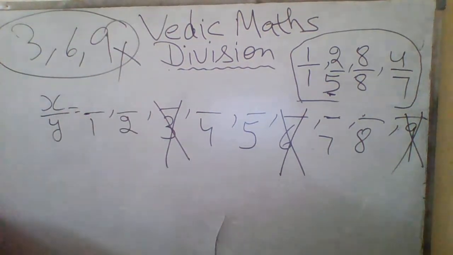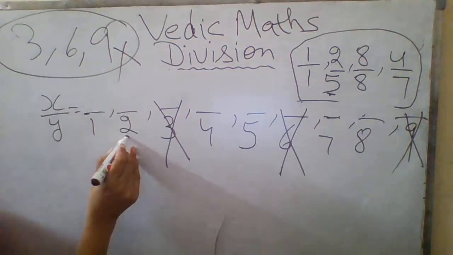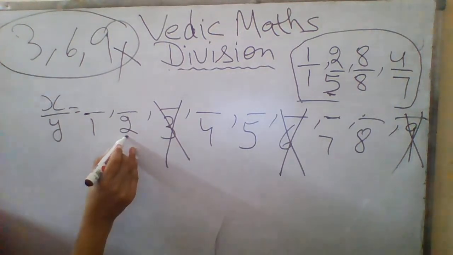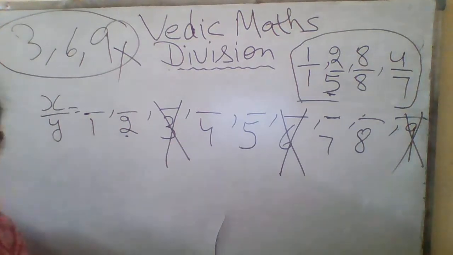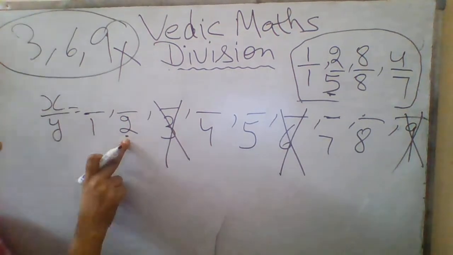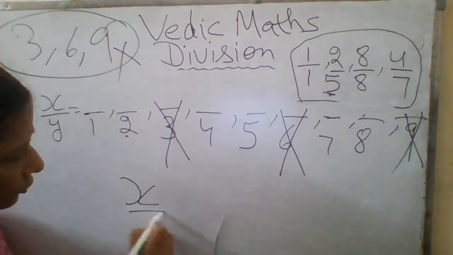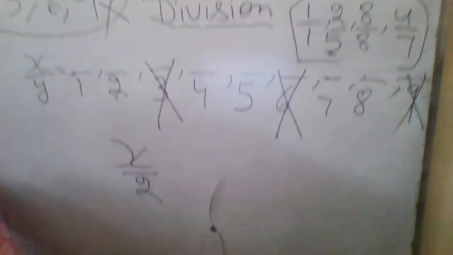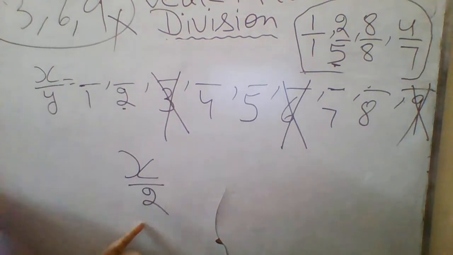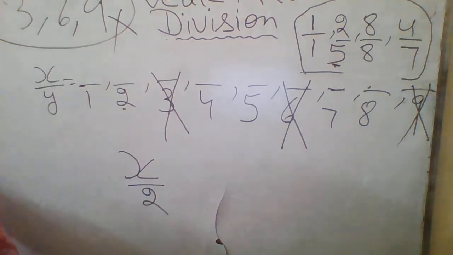Now if you have got 2 in the denominator, this is x upon 2, you have to convert this 2 into 1. How can you convert this 2 into 1?